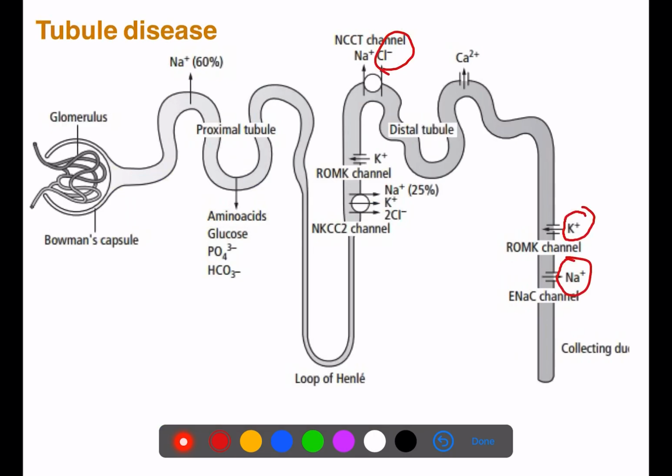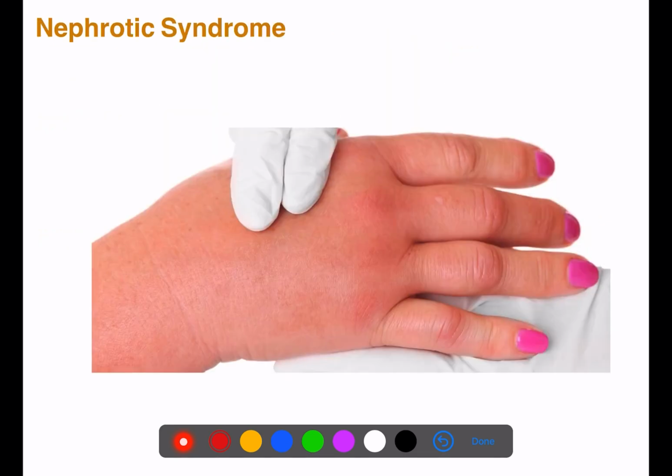The toxic material is usually due to drug use, and also the lysis of RBCs and muscle, releasing myoglobin and hemoglobin, which are toxic and irritant materials to the tubule. And as we mentioned before, the regenerative capacity of renal tubular epithelia is high.